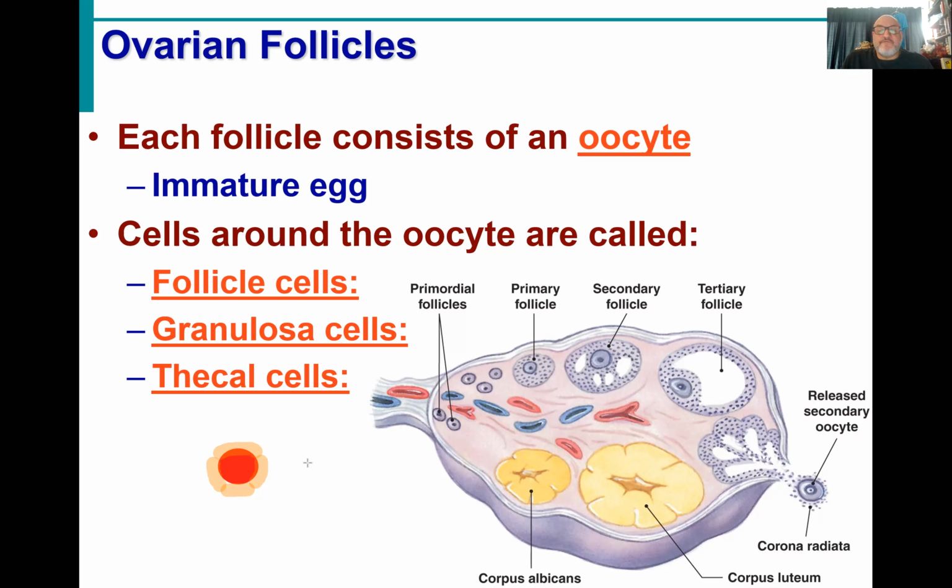As our follicle matures, these follicle cells enlarge and become cuboidal in shape. I'm doing a horrible job of drawing this, but you get the idea. Instead of flat cells, it's going to be surrounded by cube-shaped cells. These cube-shaped cells are now capable of producing hormones.